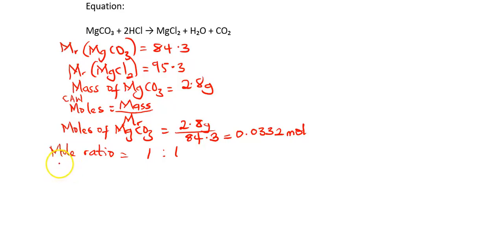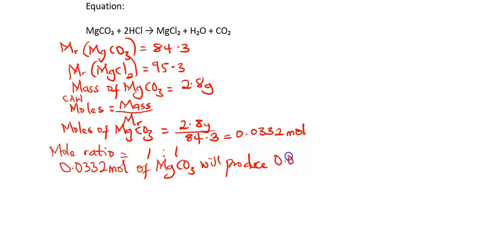Let's write that out anyway. 0.0332 moles of magnesium carbonate will produce 0.0332 moles of magnesium chloride.